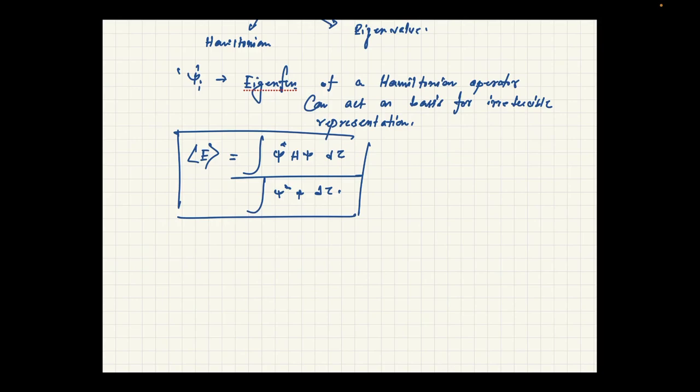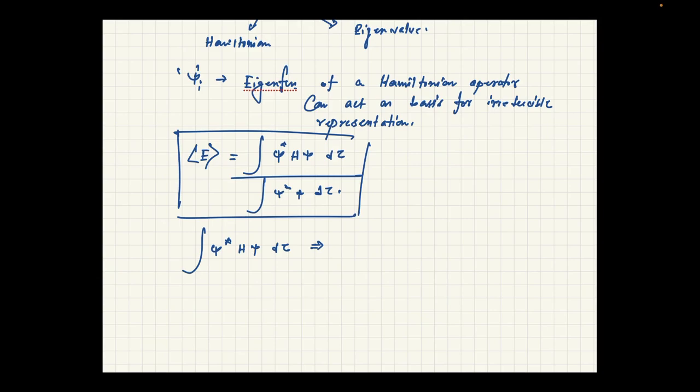You are doing these integrations: psi star is the complex conjugate of the eigenfunction, H is the Hamiltonian operator, psi is the eigenfunction, and d tau is the volume element. Now this type of integration, psi star H psi d tau, in symmetry or group theory will be a direct product. So why?